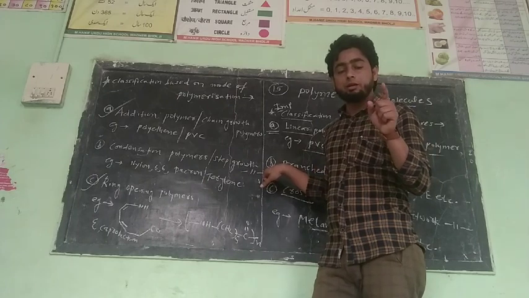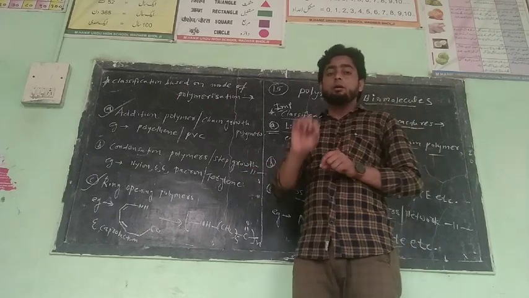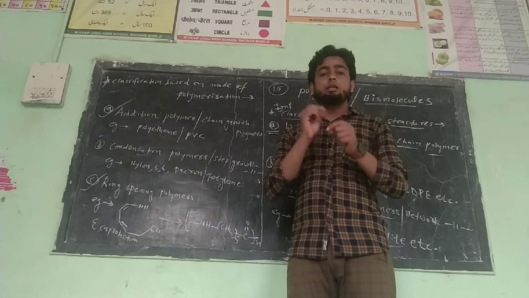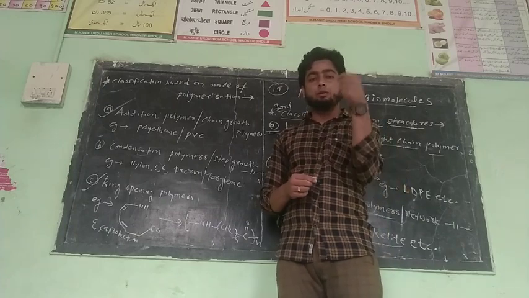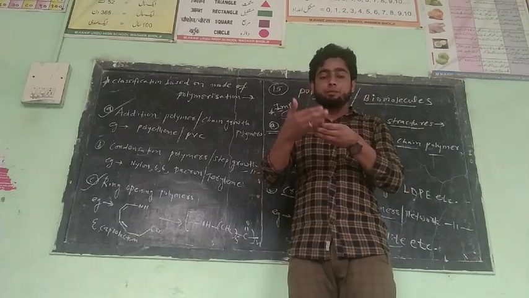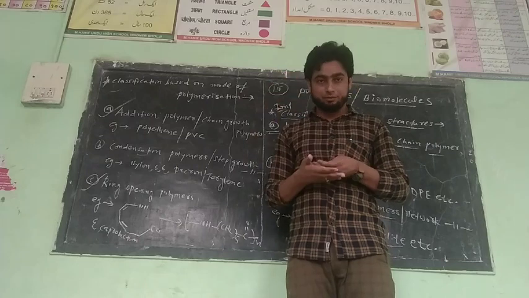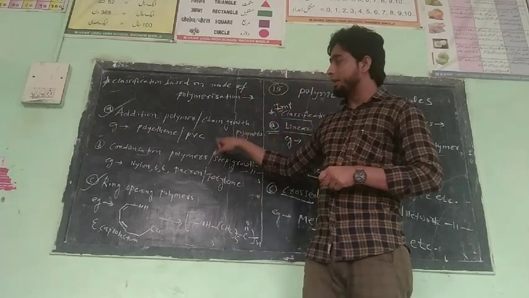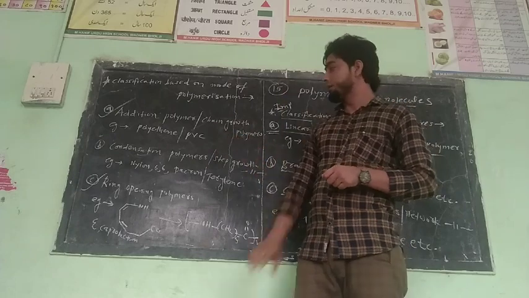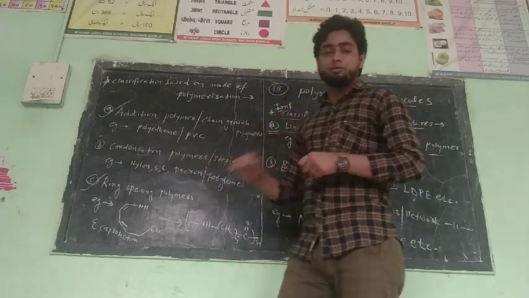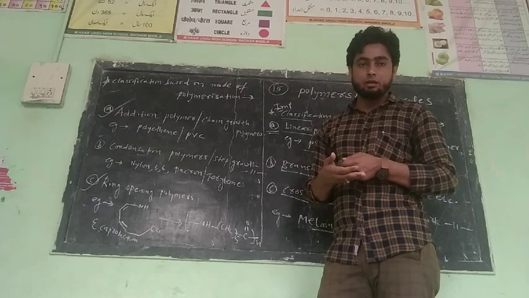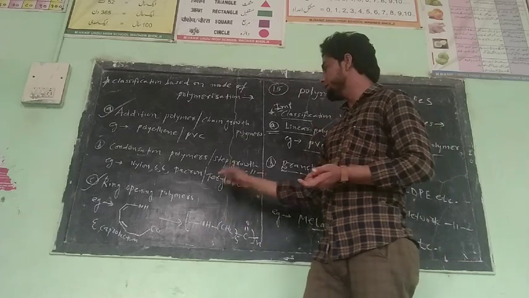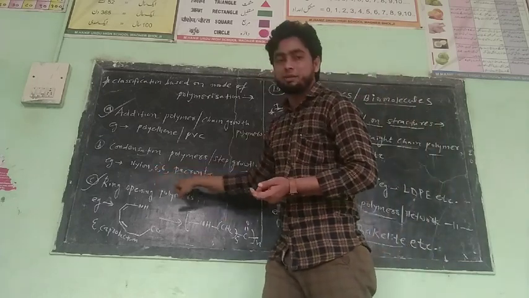Because this polymer does not give a one-step product. It forms step by step. Step first, second, third. So that's why it's called step growth polymer. Clear? Addition polymer एक ही स्टेप में होता है, लेकिन जो कंडेंसेशन पॉलीमर उसको अलग अलग स्टेप लगती है. क्लियर? ओके. Example? Nylon 6,6.